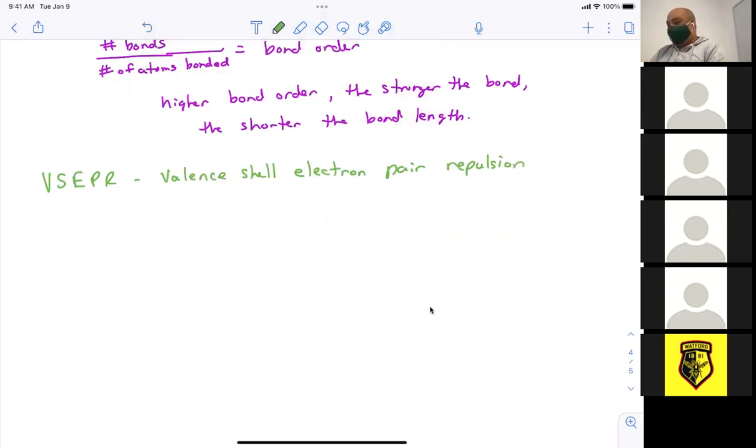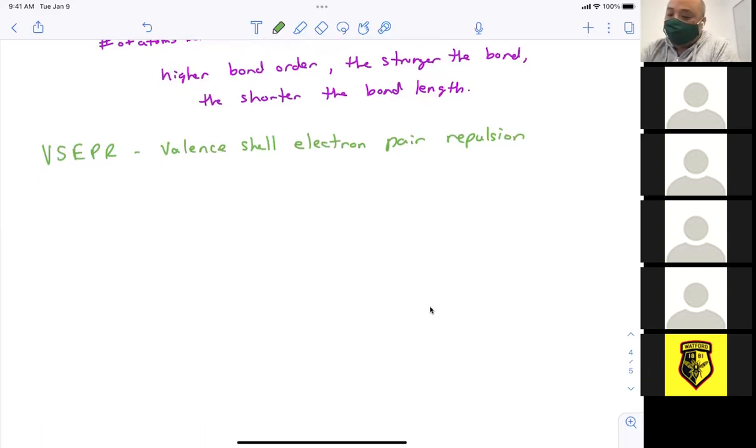What it means is that atoms organize themselves around the central atom to minimize repulsion. That's the purpose of it. So you get these general shapes that occur with these covalently bonded molecules that we have named, and they orient themselves to minimize electron pair repulsion.